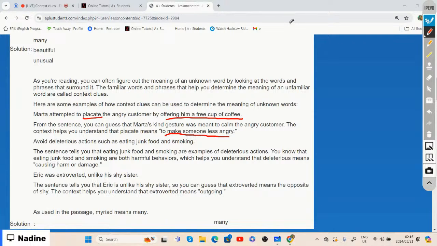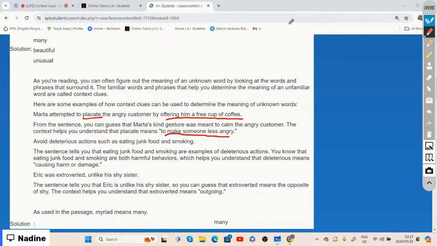So the word deleterious, the sentence tells you that eating junk food and smoking are examples of deleterious actions, and you know that eating junk food and smoking are both harmful behaviors, which helps you to understand that deleterious means causing harm or damage.